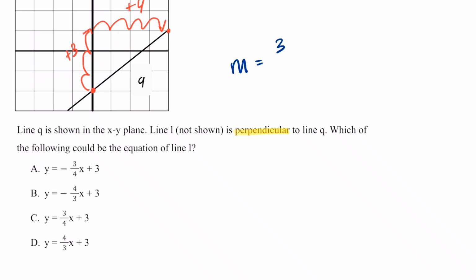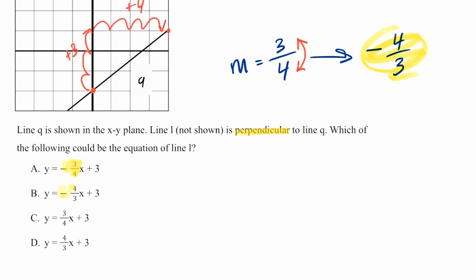So the slope is 3/4. To take the opposite reciprocal, since this is positive, it becomes a negative. And to take the reciprocal, we flip the fraction. So it becomes -4/3. That's the new slope we're looking for.